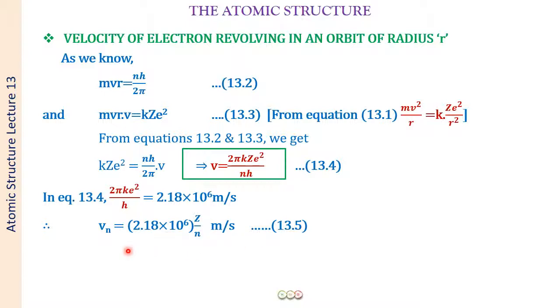And this also means that the velocity of the electron is directly proportional to Z. So as the atomic number is increasing, the velocity of the electron is increasing, and it is inversely proportional to n. So as the number of the orbit is increasing, the velocity is decreasing. So the farther we go away from the nucleus, the velocity of the electron is decreasing, right?